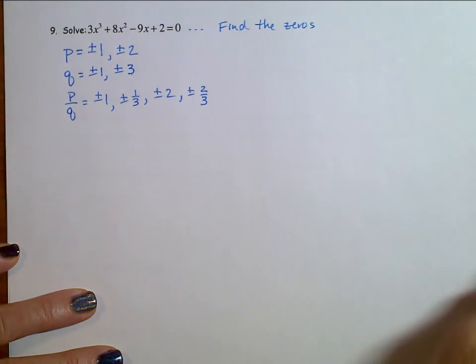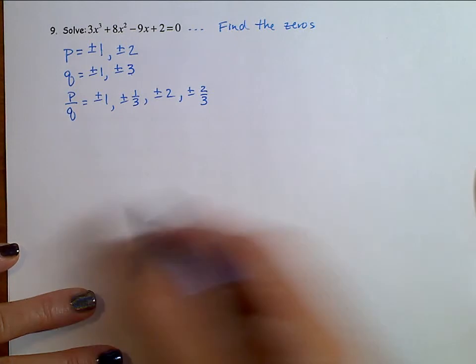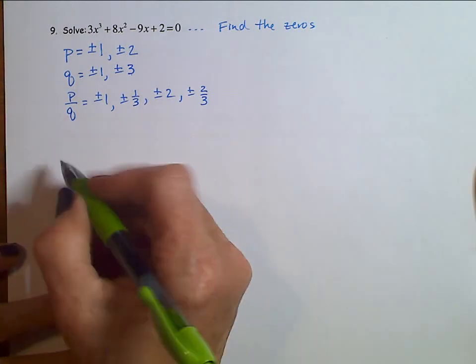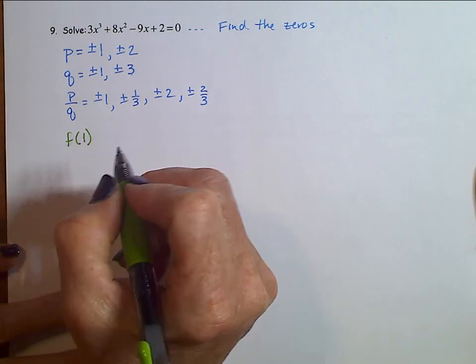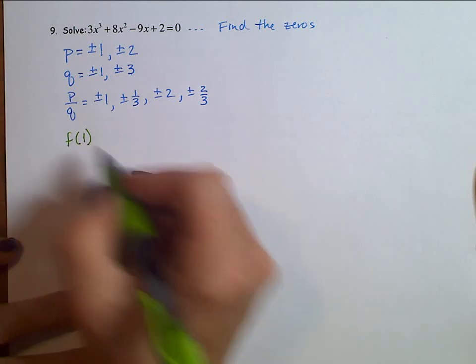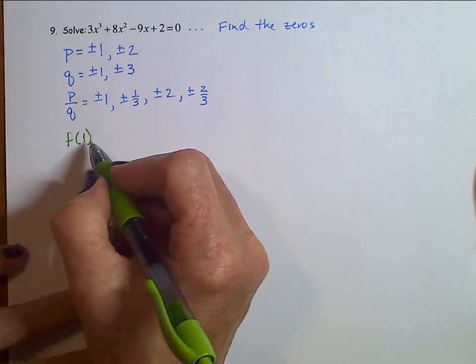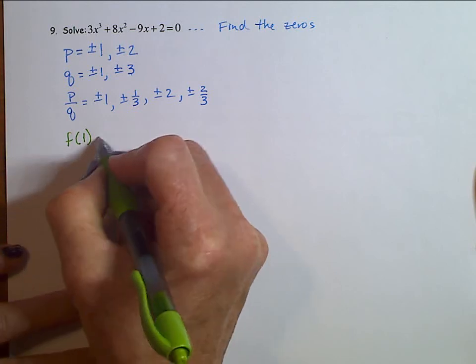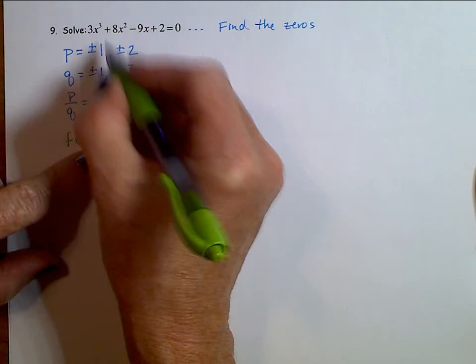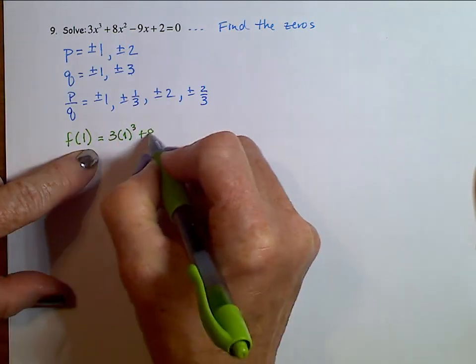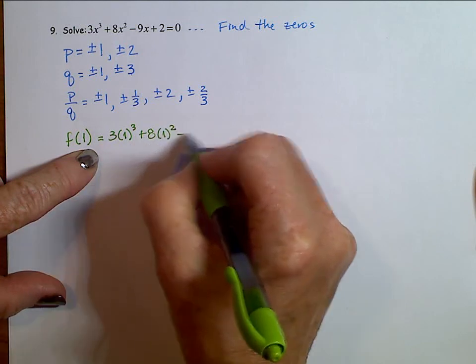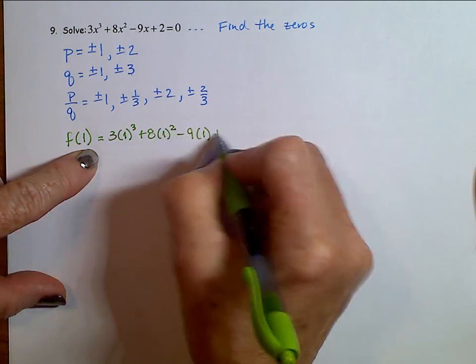One of the ways that we figured this out just yesterday is by substituting in. So we could sub in 1. It's the remainder theorem, plugging in one of the zeros and seeing if you get a 0 remainder. So let's find f of 1. We'll plug that in. That's 3 times 1 cubed plus 8 times 1 squared minus 9 times 1 plus 2.